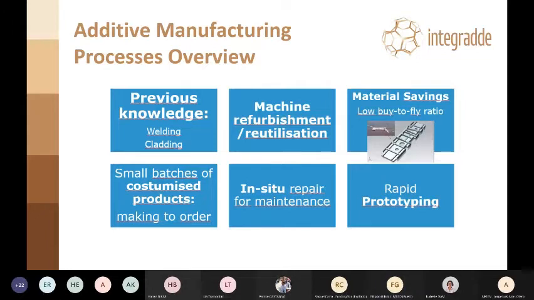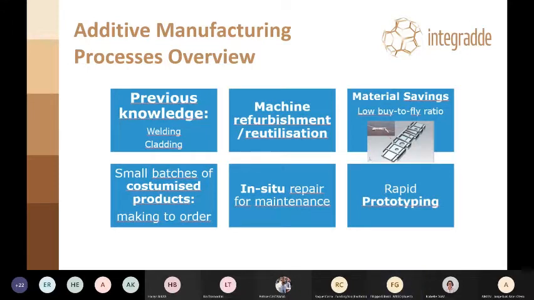It has been mainly used also for machine refurbishment and utilization. It can allow material savings. For example, in aeronautics the concept used is the buy-to-fly ratio, that is the amount of material initially used compared to the weight of the component that actually is placed on the airplane.